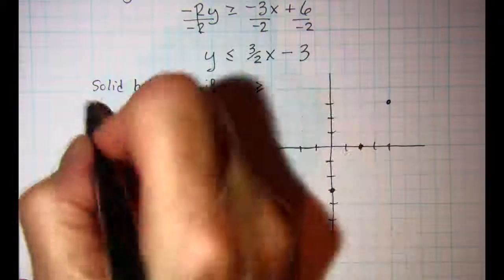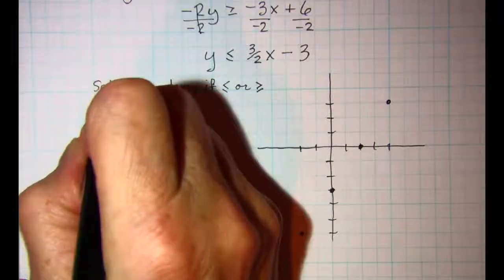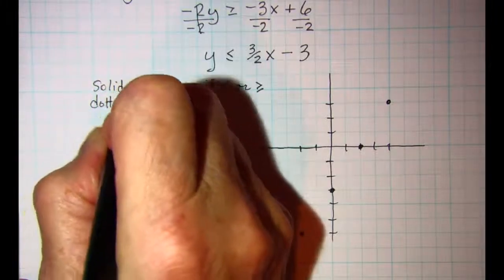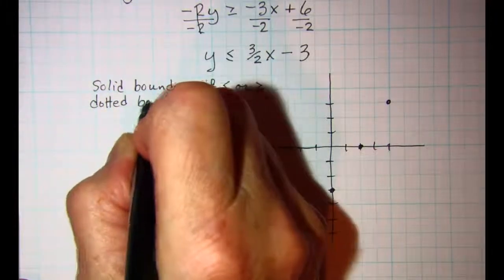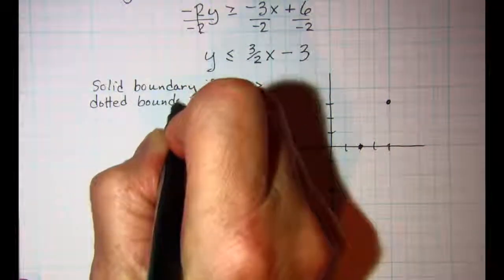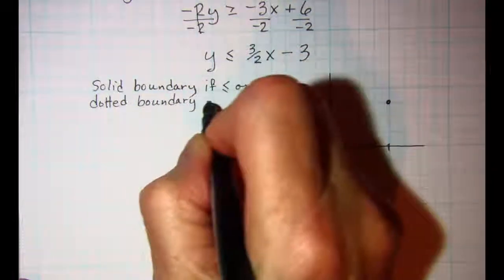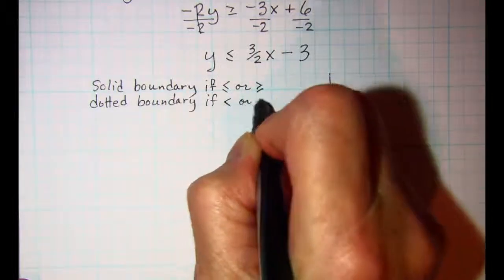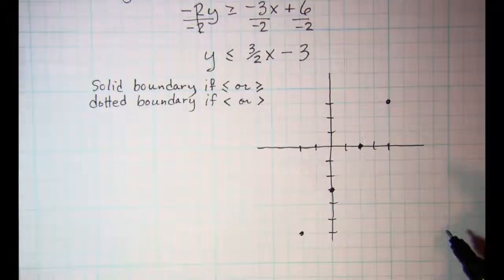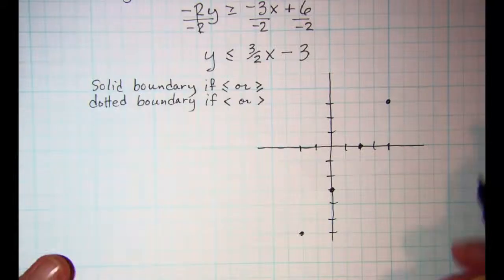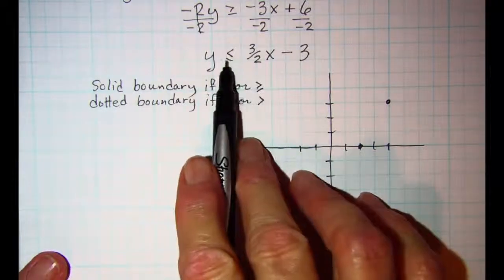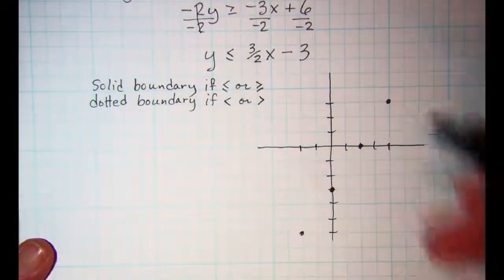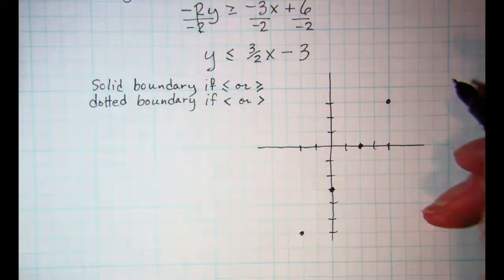And we have a dotted boundary line if the inequality is strictly less than or greater than. Since this is less than or equal to, our line is solid.